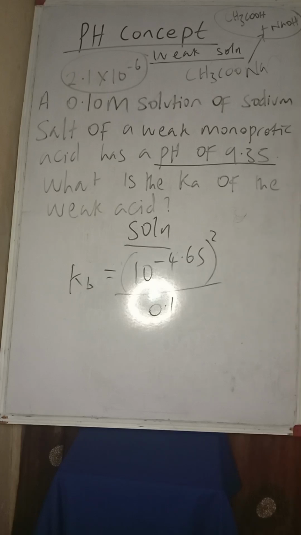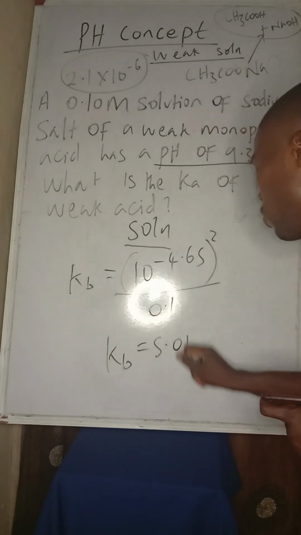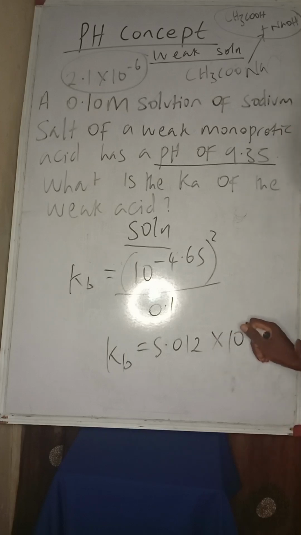Pardon me, I'm going to square that, and divide by 0.1. So at the end of the day I have 5.012 times 10 raised to the power minus 9. Therefore my Kb is equal to 5.012 times 10 raised to the power minus 9. So that's my Kb.